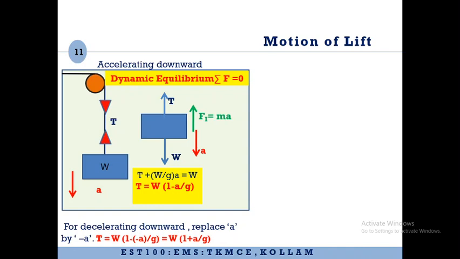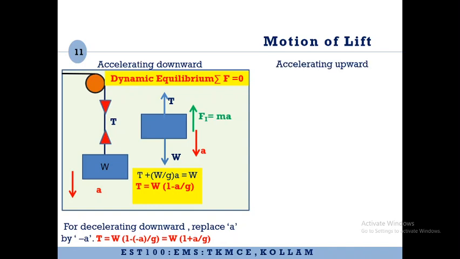That means, for problems where you have deceleration or retardation in the downward direction, first you develop free body diagrams and equations of motion for the case where it is accelerating downward. After having developed the necessary equations, replace a by minus a if it is retardation or deceleration.